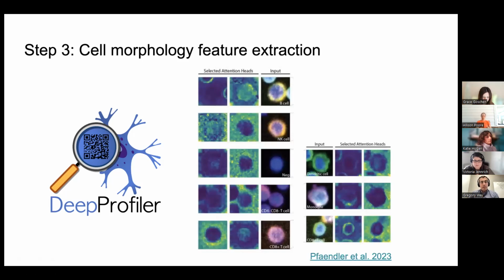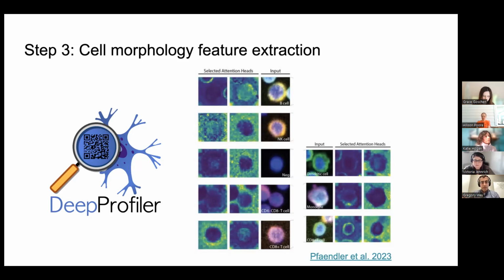And there are also emerging strategies that we're hoping to incorporate into DeepProfiler based on other deep learning models. In this case, this is a recent paper that just came out from the Snyder lab at ETH Zurich, where they trained a vision transformer. A transformer model is the T in GPT.